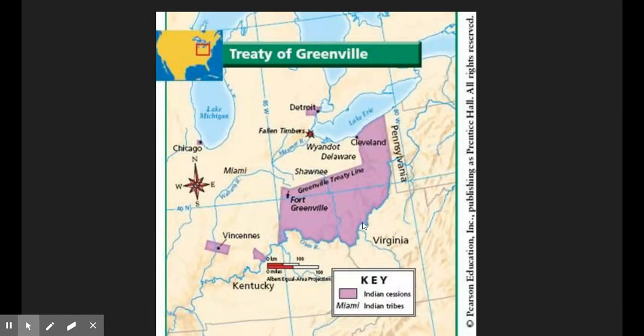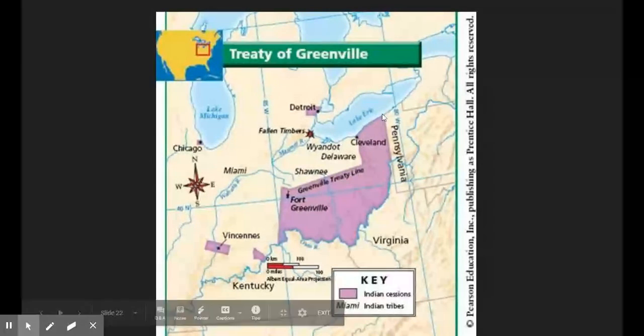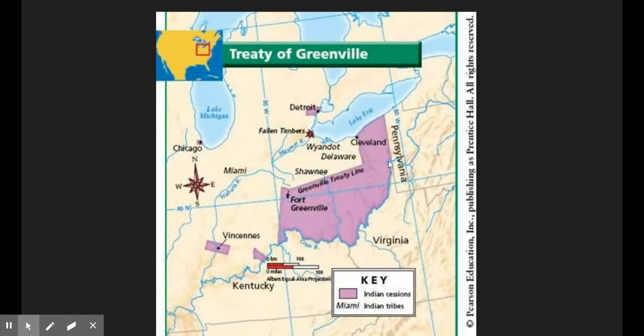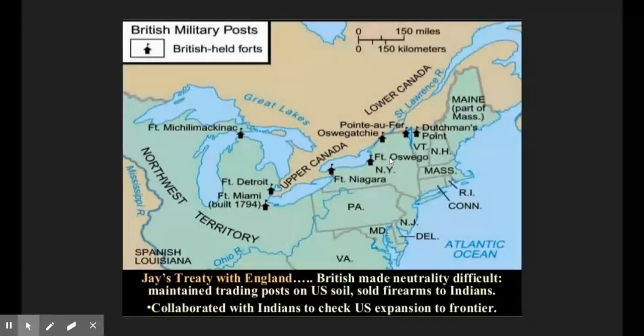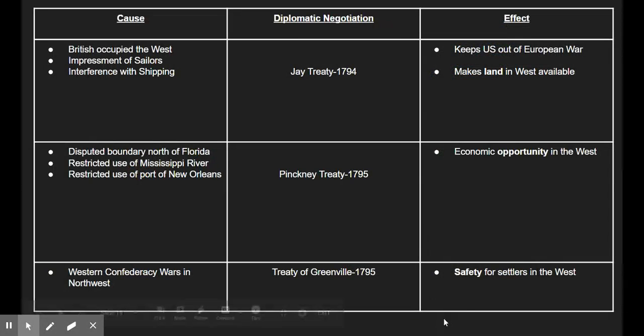This is the southern border of modern-day Ohio. The Ohio River, you can see the eastern side here, butts up with the state of Pennsylvania. So just for some context of where we are. The result of this is increased safety for settlers in the West. They don't need to worry so much about being attacked, being taken over by native tribes there.